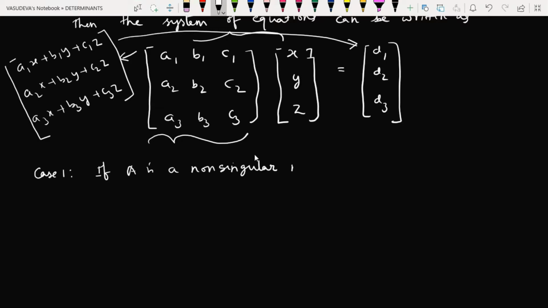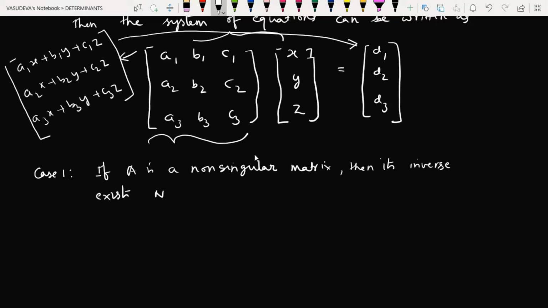So if A is non-singular, then its inverse exists. In previous classes, we have learned that the inverse of a matrix exists if and only if A is non-singular.